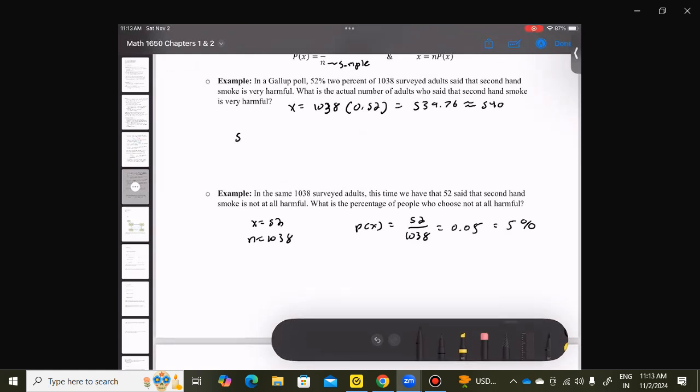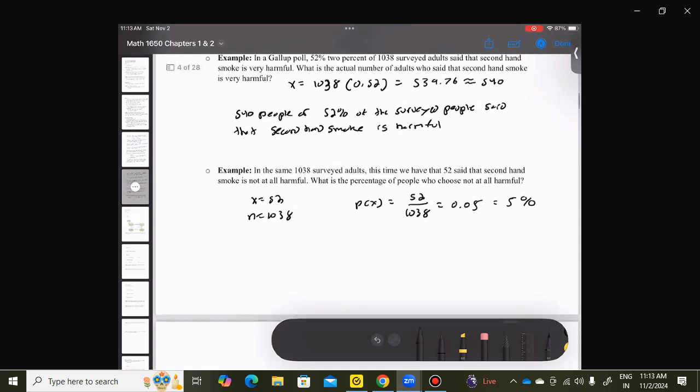So 540 people, or 52% of the surveyed people said that secondhand smoke is harmful.